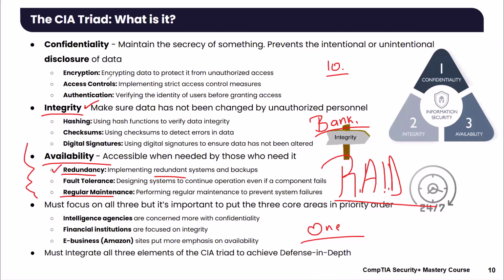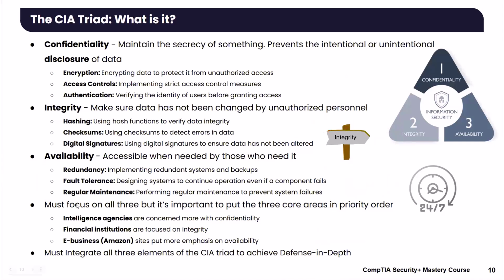They don't care if a product on their website is different or has been changed. They can care less. They can fix that later. But availability for them is a top priority. So they do everything. They put redundancy in place. They put in CDNs, content delivery networks. I'll teach you about content delivery networks, so that the website can stay up forever, I guess.